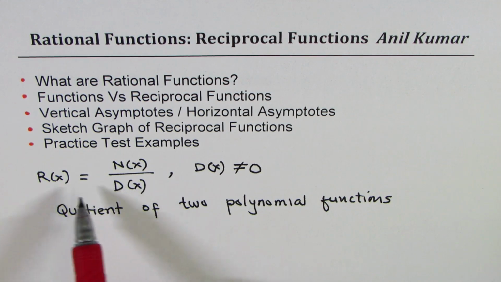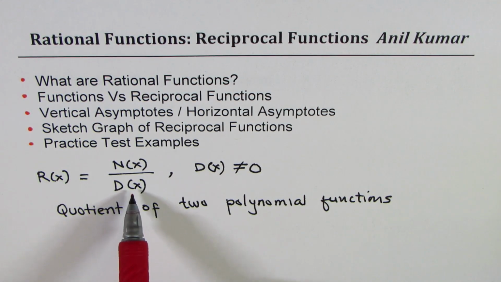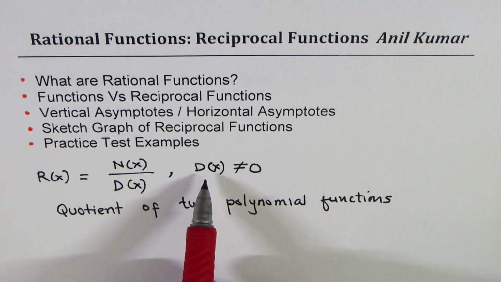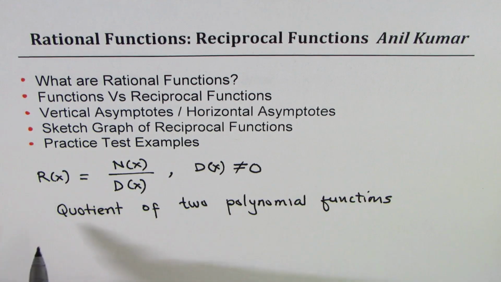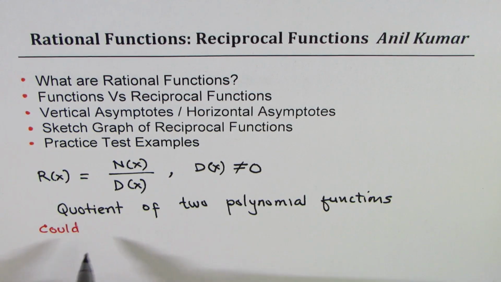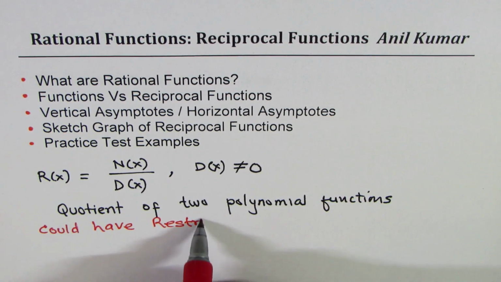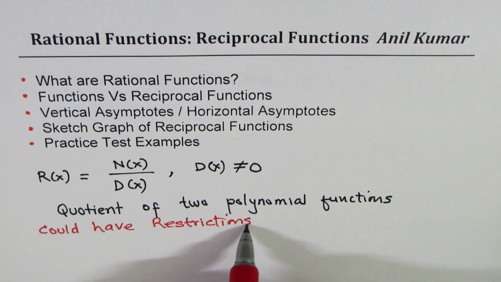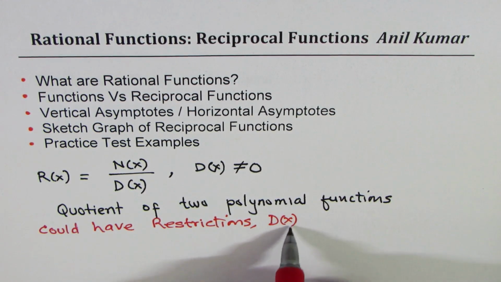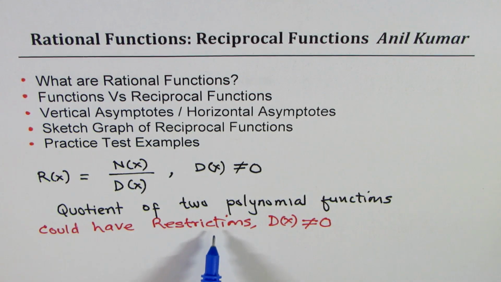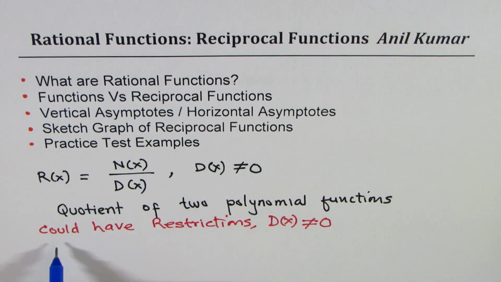Sometimes you could have rational functions without restriction also. We'll take up some examples to illustrate. When I say d of x is not equal to 0, that means rational functions could have restrictions, since the denominator cannot be equal to 0. As we explore further, these restrictions will be reflected on a graph as asymptotes.